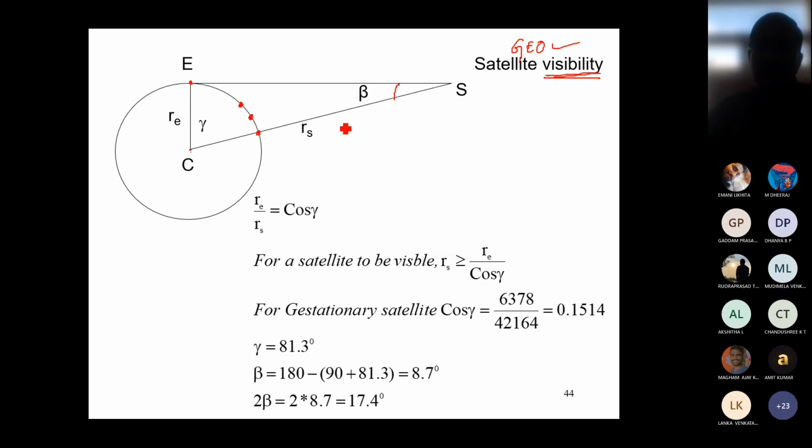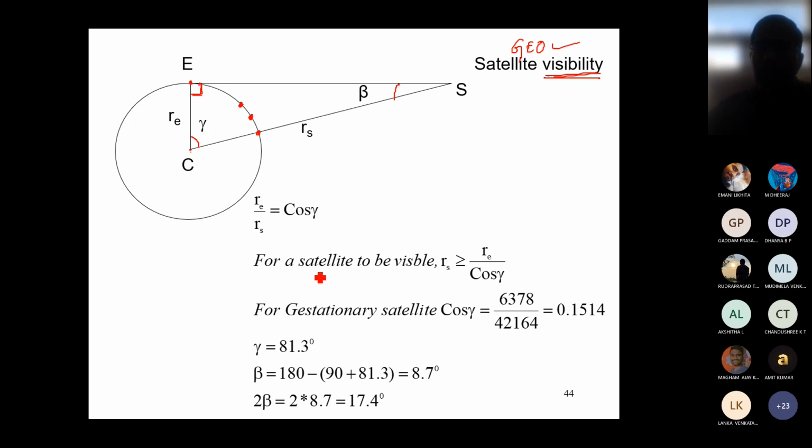So in this right angle triangle, I can write cos gamma, where this angle is gamma. Okay, and of course, this one is the right angle triangle. So cos of gamma is what? Cos of gamma is RE divided by the hypotenuse. So hypotenuse is this CS. So RE divided by RS is your cos gamma. Getting the point?